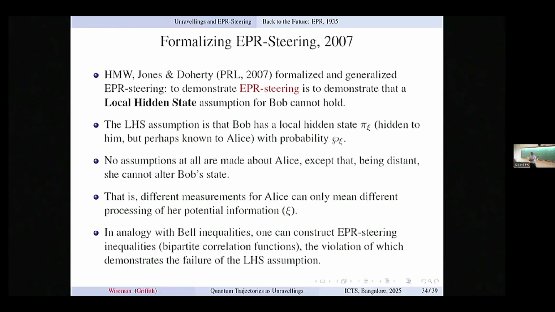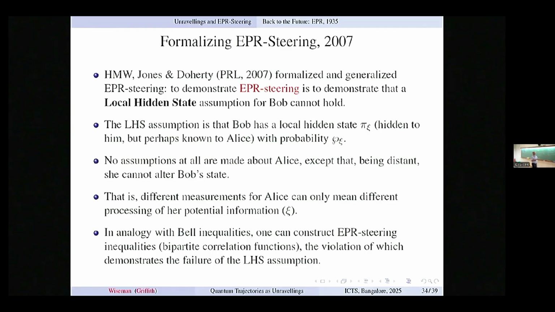It's hidden in the sense that it might not be known to him, but it might be known to Alice. Obviously there are different hidden states it could be; if it was only ever one, then he would know what it is. But there are different possibilities, and in a given experiment they occur with some probability. So this is a model, a local hidden state model.